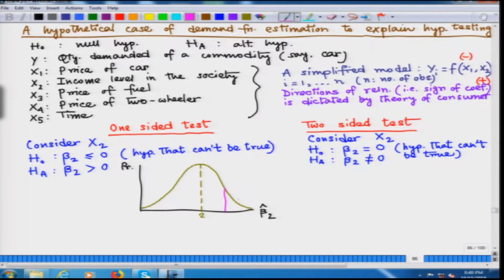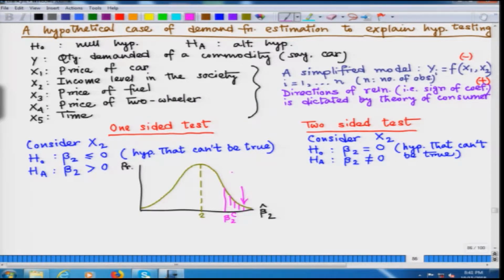So, if my critical value, denoted by say beta 2 C, C stands for critical, if my observed beta hat 2 falls in this shaded region, that means that my beta 2 hat is greater than beta 2 C, then I will reject my null hypothesis, because I am sure enough that beta hat 2 is indeed positive, right.